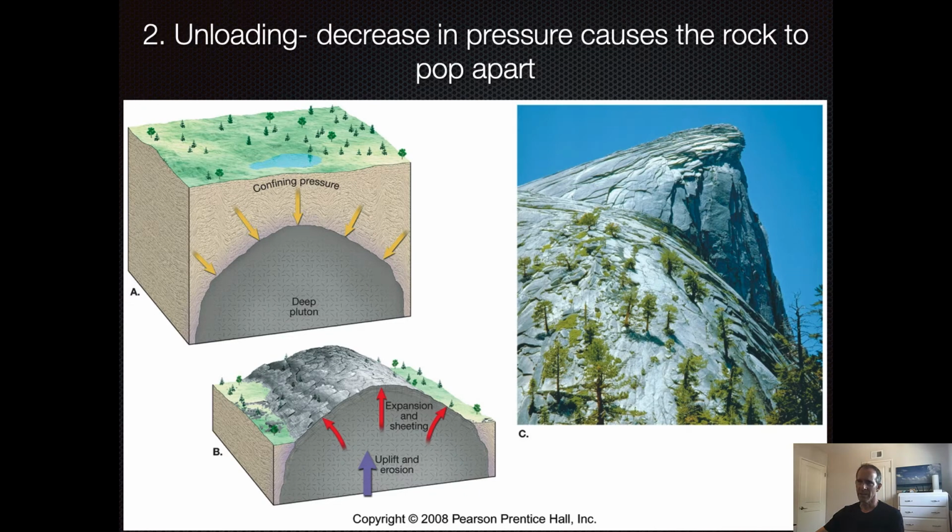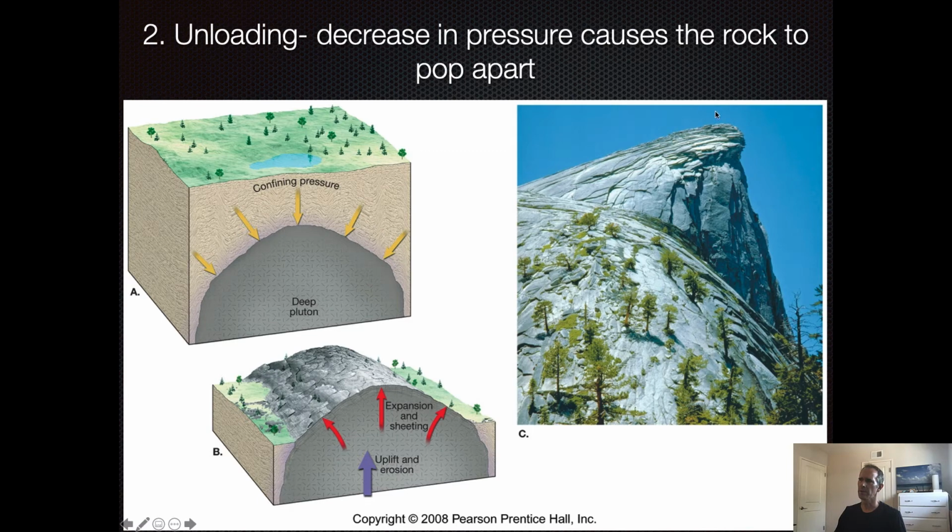We get unloading. So as a rock moves somehow from deeper down to closer to the surface, either because the surface is being eroded or the thing is actually being brought up by a fault, say, the change in pressure from large confining pressure down at depth to basically zero at the surface causes the rock to expand, and you oftentimes see these sheets kind of coming off the rock that are more or less parallel to the landscape or the surface as it rises up towards the surface.